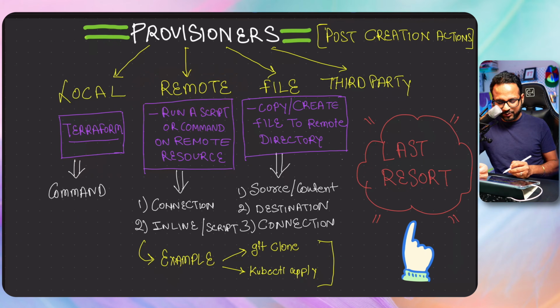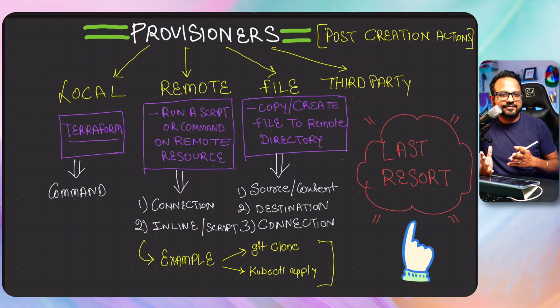Now for the remote executor we need a few things. For the local executor, command is the mandatory field, and the rest are optional fields. But for the remote executor we need a connection, because we'll be executing these commands or scripts remotely over a machine or resource. So we need some sort of connection string and connection credentials.